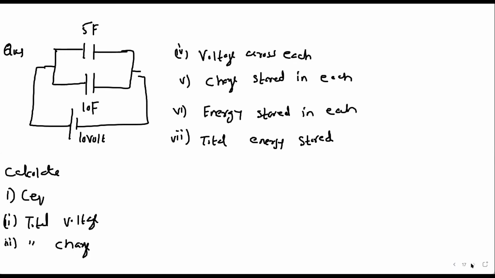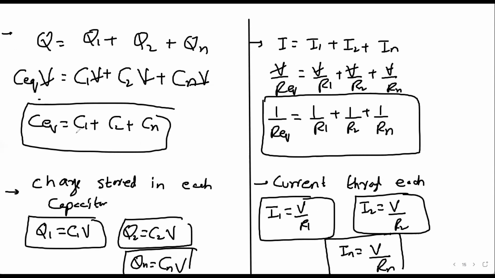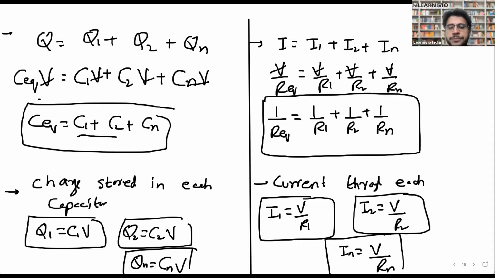Yes, Noor, first is correct. Now, Fatma. No, Fatma, see, for C, these are connected in parallel. For parallel combination of capacitor, it's C1 plus C2, not 1 by C1 plus 1 by C2. Yes, Noor, second is correct, third is also correct. Yes, Ahmed, this is also right.